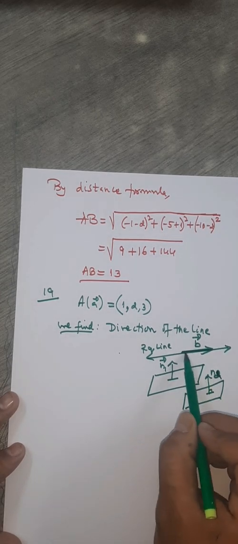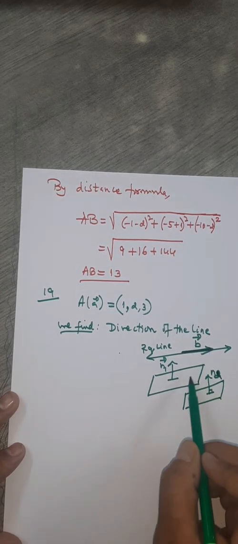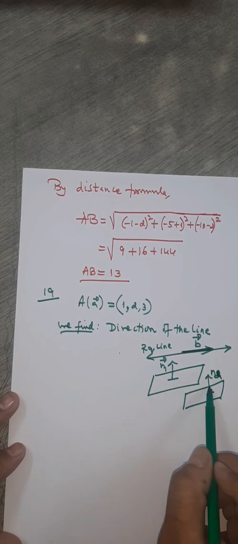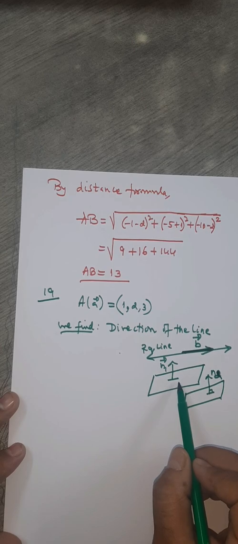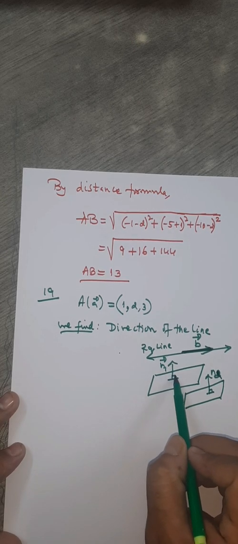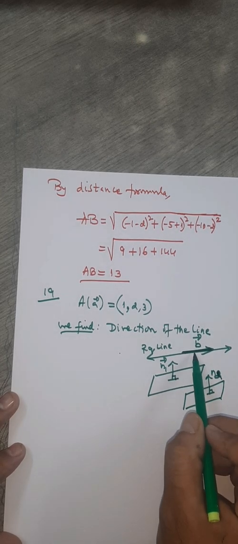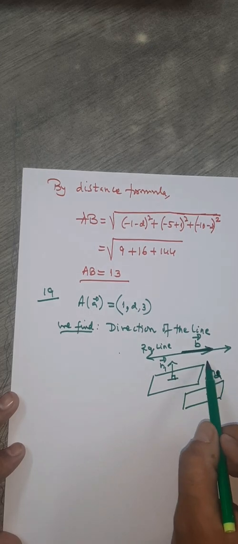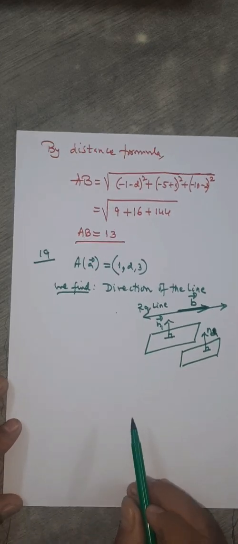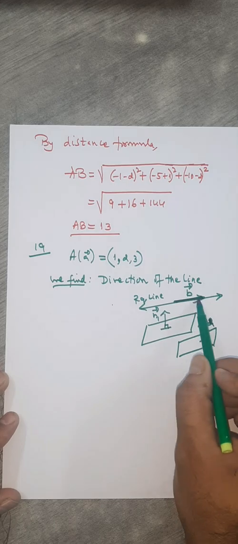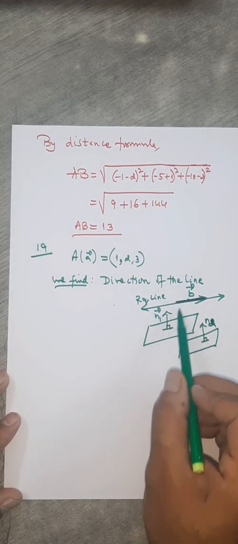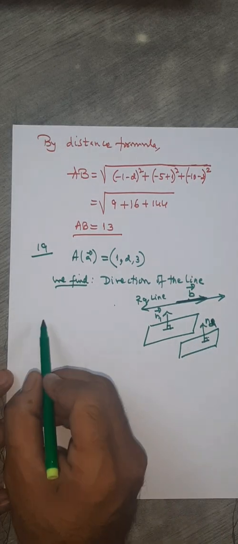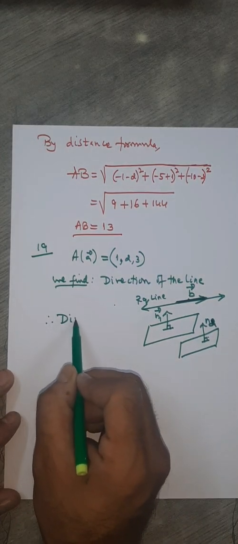So this vector is, you can see, perpendicular to both. Because line is parallel to plane means what? Normal to the plane is perpendicular to the direction of the line. You can see in the diagram itself. This is the direction of the line, this is direction of the normal. But this direction of the line is perpendicular to both the normals. So therefore, what is your conclusion?